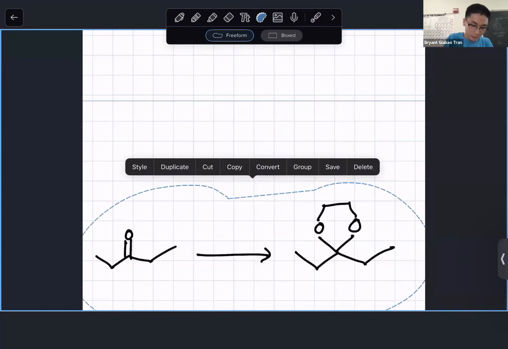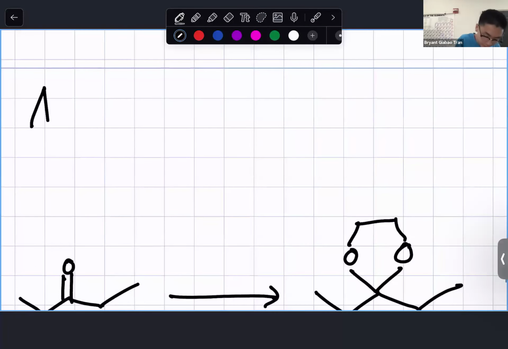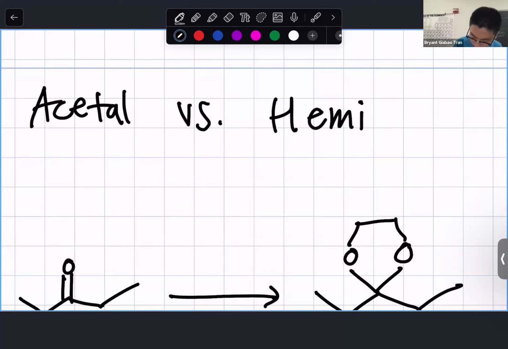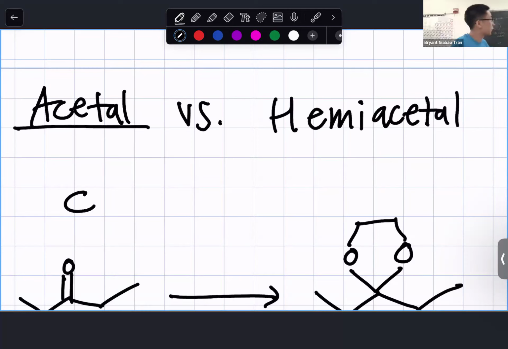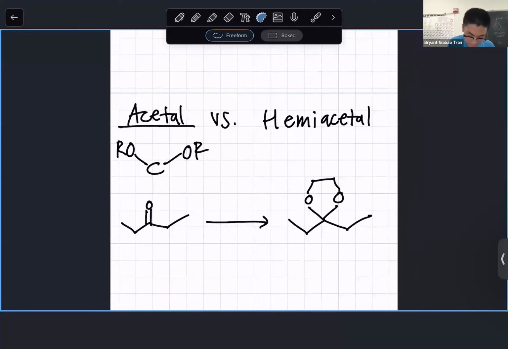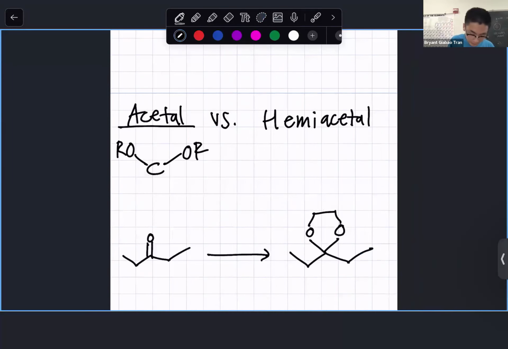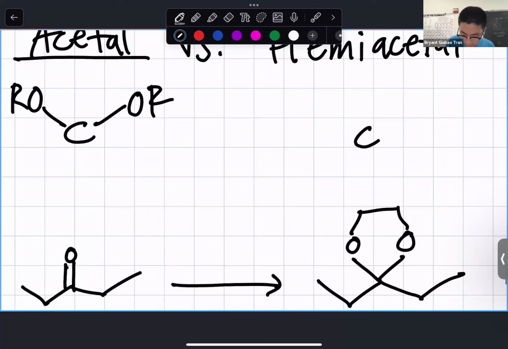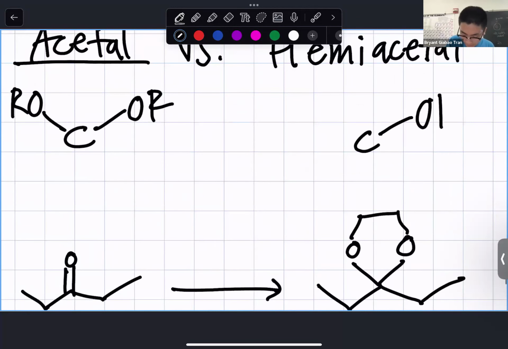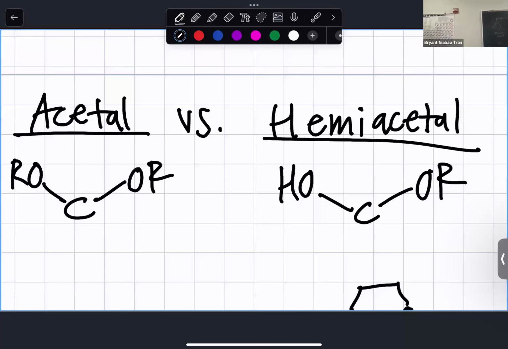Actually, before we go over that, let's go over the terms acetal versus hemiacetal. An acetal is when a carbon is attached to two OR groups. A hemiacetal is when half of the carbon's substituents is an OR, the other half is an OH, an alcohol. So acetal, carbon has two OR groups.